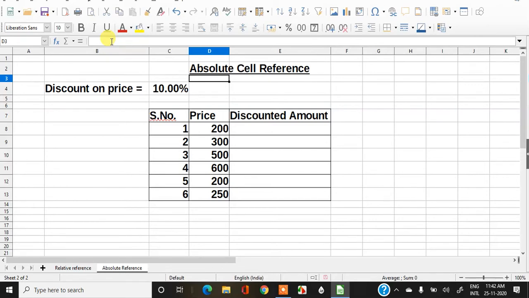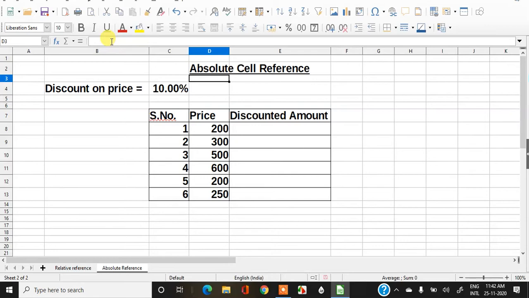So the second type of cell reference is absolute cell reference. Now what is absolute cell reference? To explain this topic, I prepared a sheet here. By definition, absolute cell reference is used when we do not want to change the address of the cell while copying the formula to another cell.